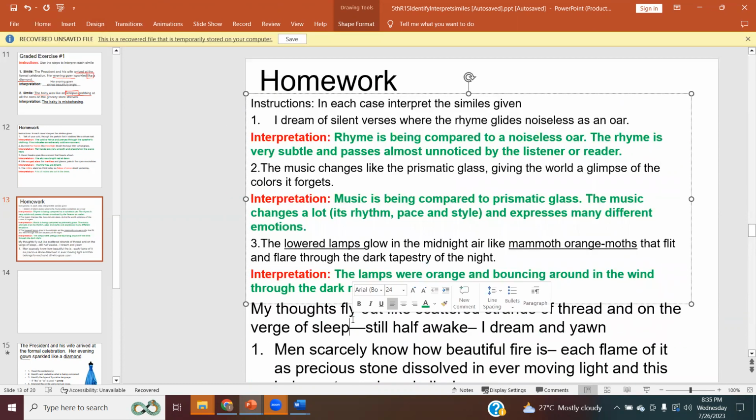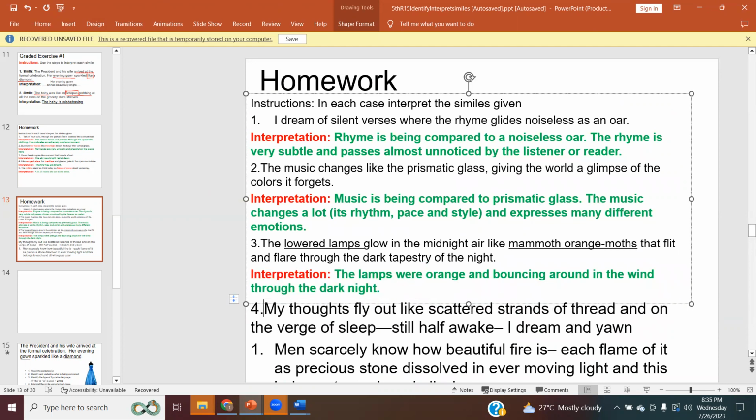All right. Number 4. Naya, can you read number 4, please? My thoughts fly out like scattered strands of thread and on the verge of sleep. Still half awake, I dream and yawn.